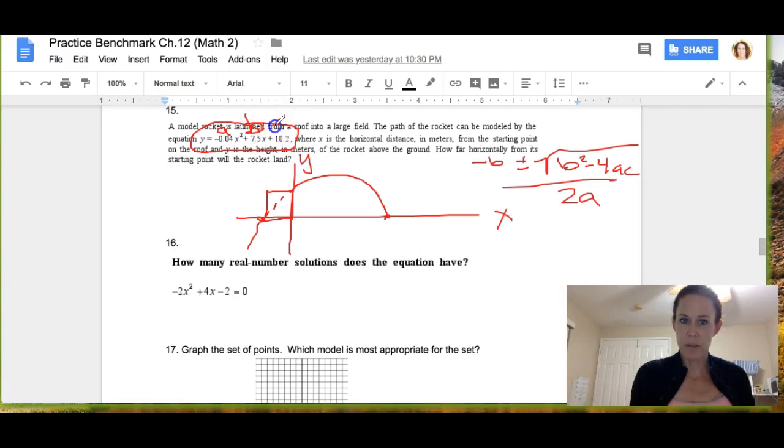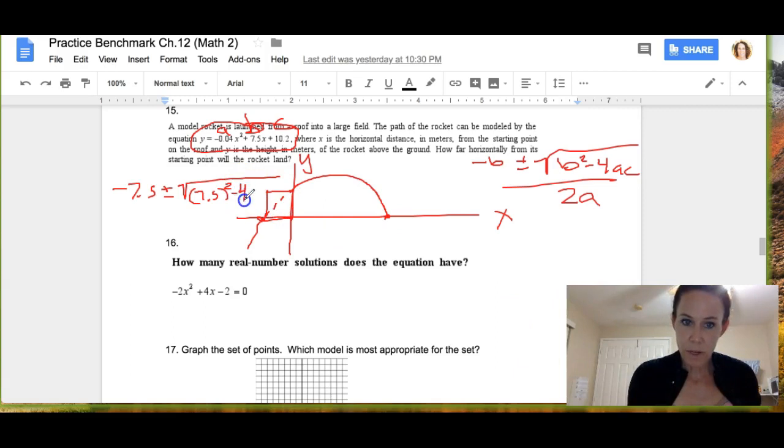If we do negative b, we're going to do negative 7.5 plus or minus the square root of b squared, so 7.5 squared, minus 4 times a, and our a value is, oh, that's ugly, negative 0.4, times c, which is 10.2, and I'm running into my chart here.